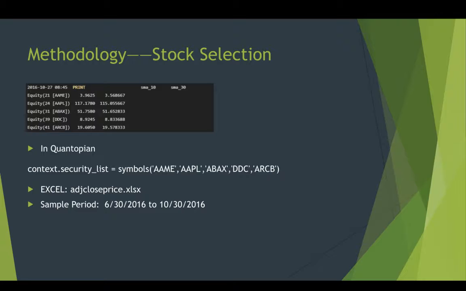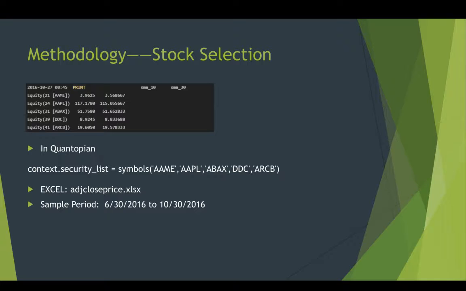After we found these five stocks we want, as shown here, we go to Yahoo as we did in the homeworks. We download the adjusted close price of these five stocks. We pick the sample period to be from June 30th to October 30th.